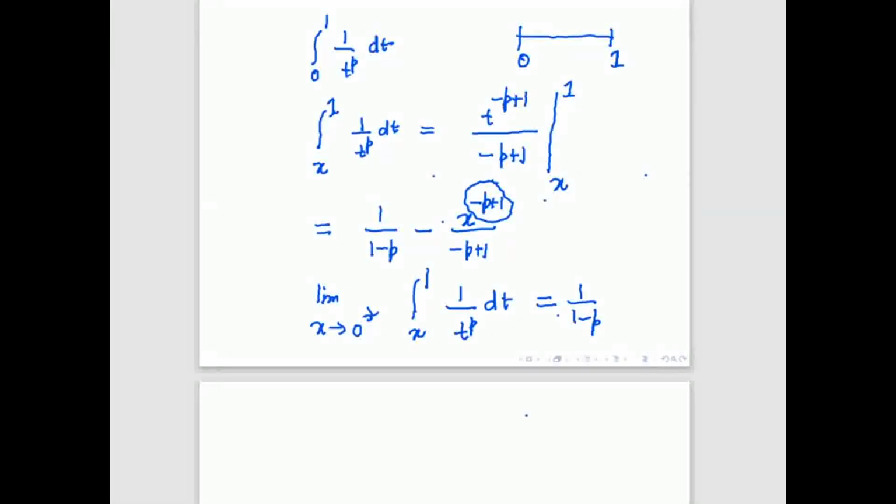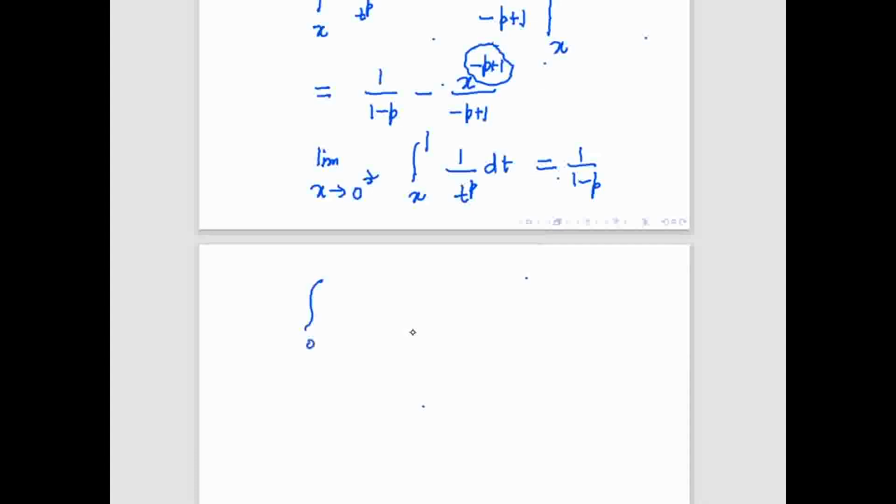Similarly, suppose in some problem I write the integral from 0 to 1 of 1 upon t minus 1 dt. In this case, at 1 it is not defined, so we'll take 1 minus. We cannot take 1 plus. In this case, we'll replace 1 by x and after that we'll apply the limit 1 minus.